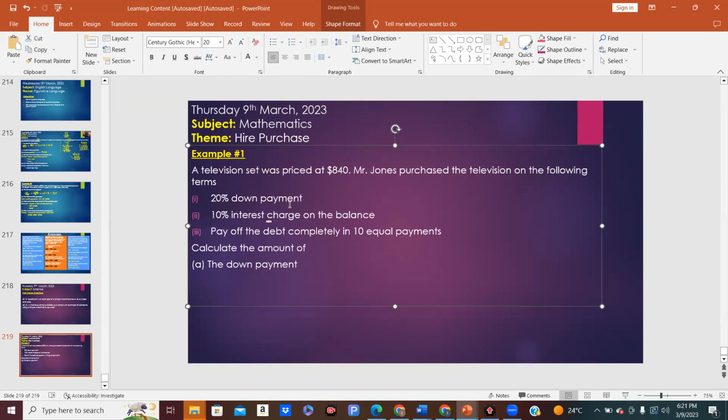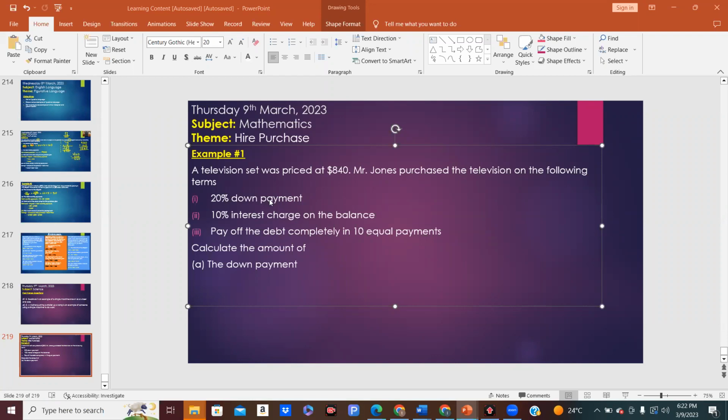So we have a television set that is priced at $840. But Mr. Jones, for whatever reason, maybe he didn't have enough money, or maybe he just didn't want to pay that lump sum of $840. He decided to purchase his television set using the following terms.